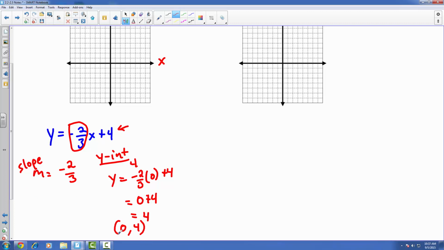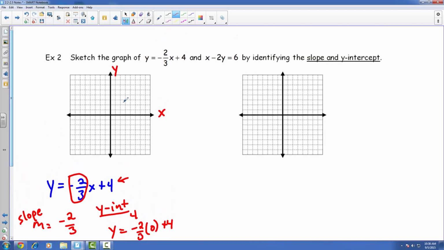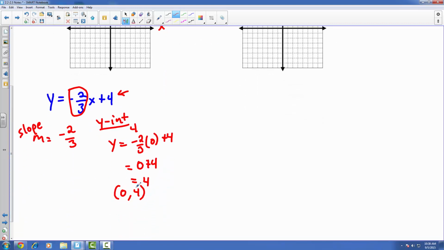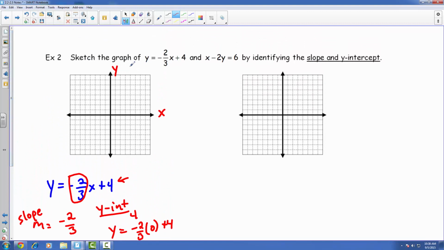The reason we have this point (0, 4) is because we are crossing our y-axis. That's why it's called a y-intercept. When we're looking at the y-intercept, we're seeing where it crosses the y-axis, and if it's crossing the y-axis, our x value is going to be 0.